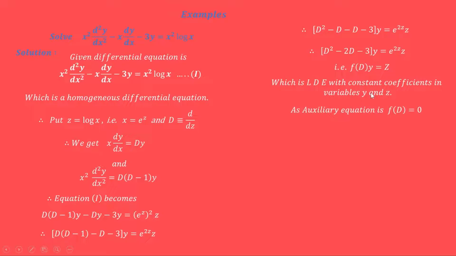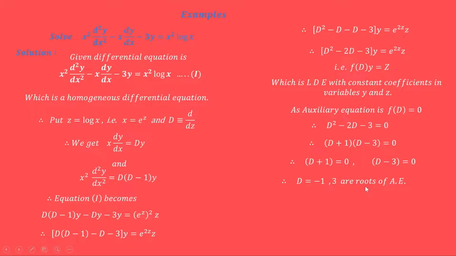Now here auxiliary equation is f of D is equal to 0. F of D means D square minus 2D minus 3. So put that value. So we get D square minus 2D minus 3 equal to 0. Now find out the factors of these. And so we get the factors D plus 1 into D minus 3 equal to 0. Separate that two factors. So we get D plus 1 equal to 0, D minus 3 equal to 0. And so we get D is equal to minus 1 and D is equal to 3.